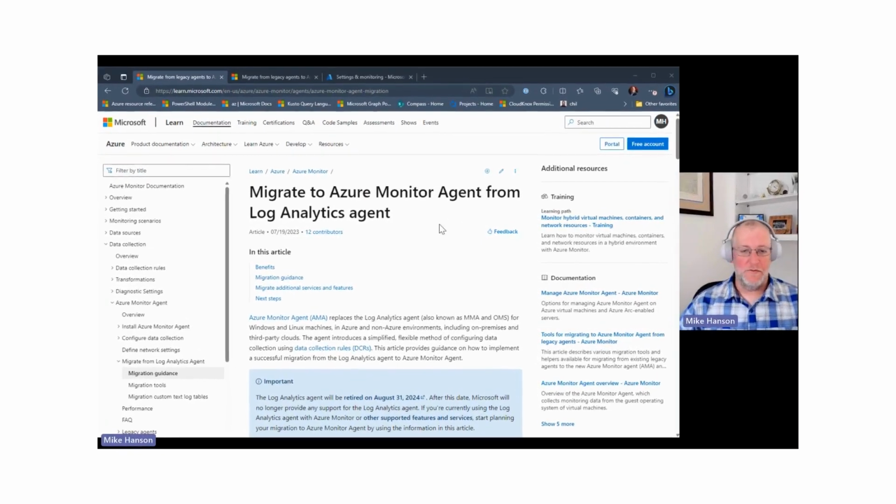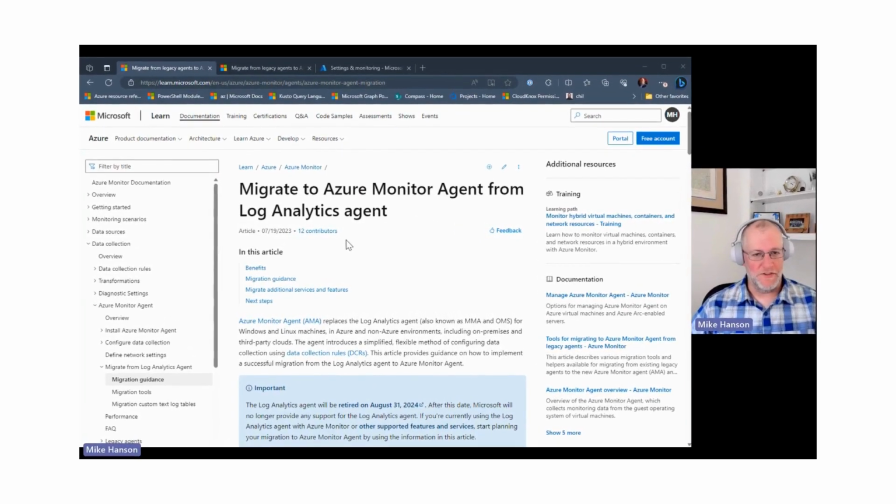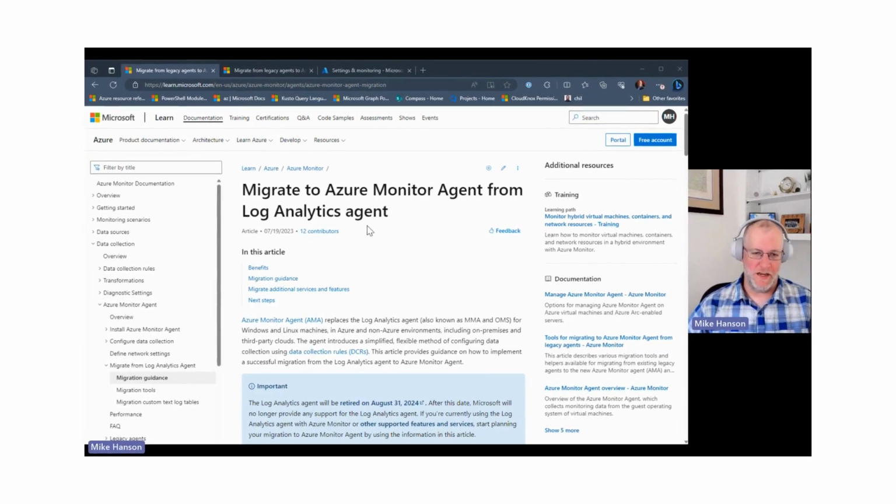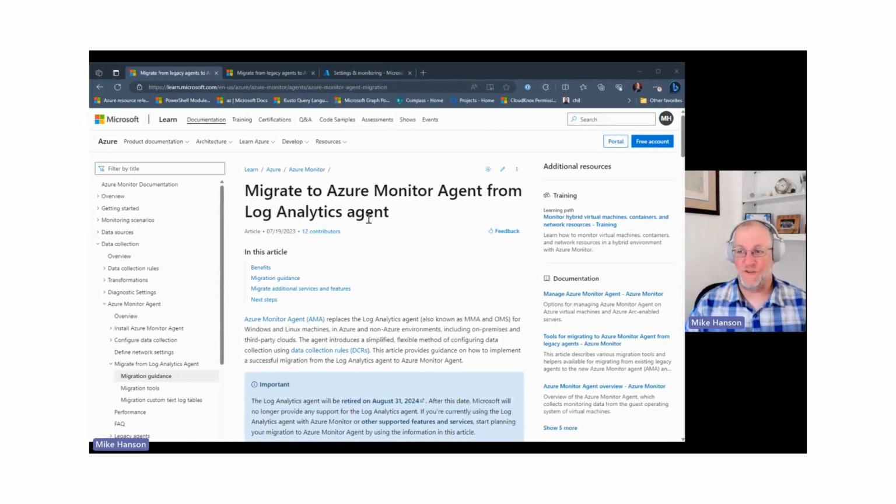So, as some of you may know, Microsoft is going through a transition point in agents that are used to collect data for Log Analytics and Azure Monitor. They're transitioning from the old Log Analytics agent, or Microsoft Monitoring Agent, the MMA, the OMS agent.